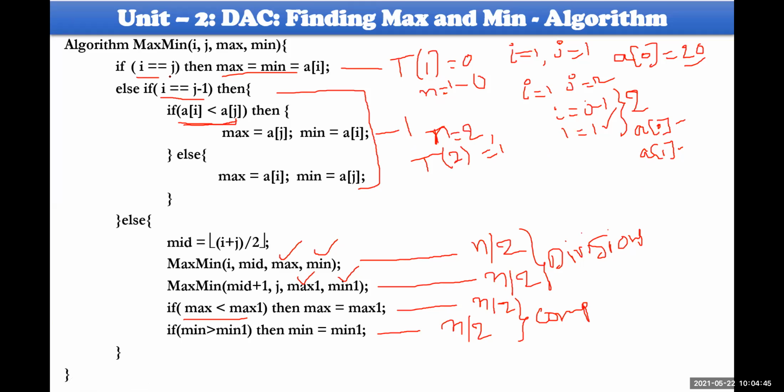Then time complexity: the number of comparisons for the first condition is 0. The second condition is i equal to j minus 1. One comparison will happen here. Therefore, you could get a minimum and a maximum if two elements are there. Then, followed by more than two elements in our list.